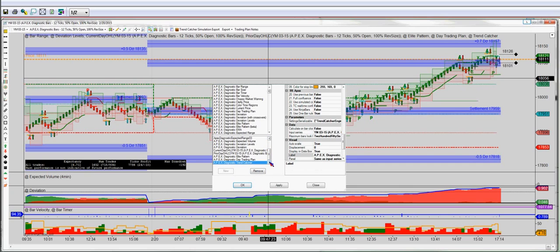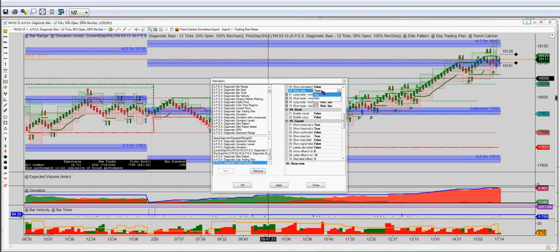Okay, let's turn off some of this stuff. Trend catcher, I do not need. The stats in these stat things for binaries mean nothing.